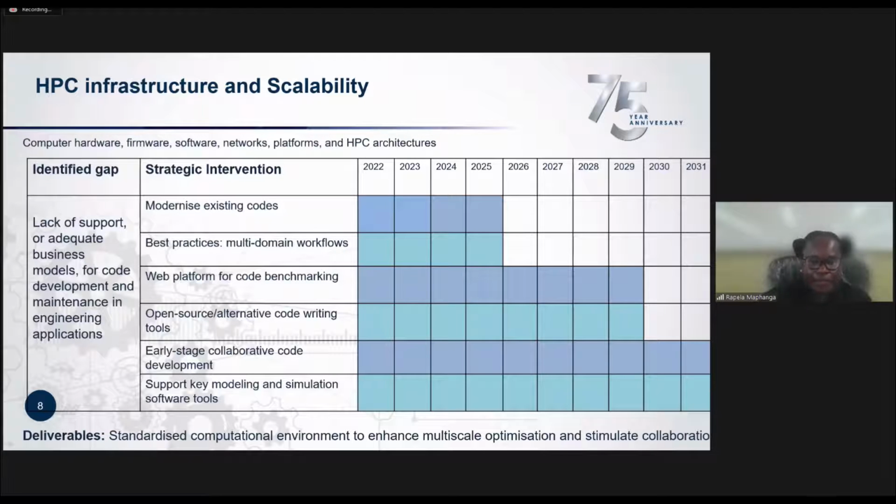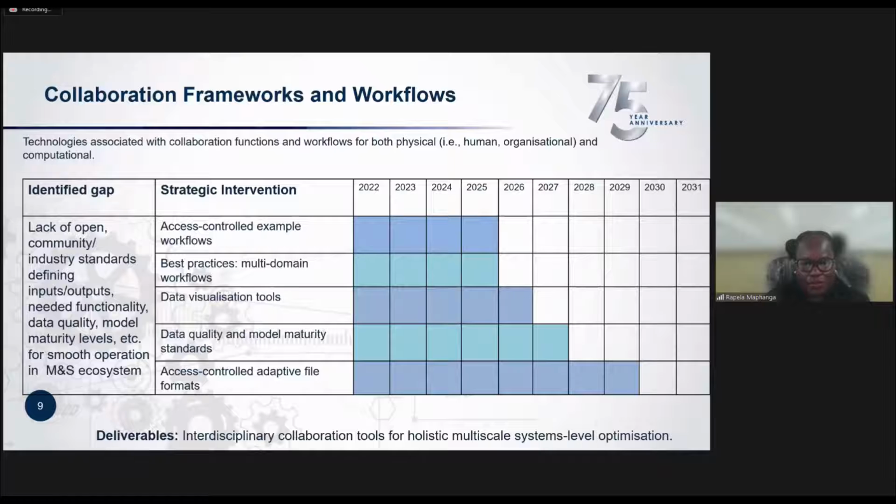And the next one, which is also very important, is more on collaboration. And collaboration comes in two formats. It could be a physical collaboration where humans or organizations collaborate, and it could also be a technological collaboration where we share resources such as codes, models, methods to contribute to the program.